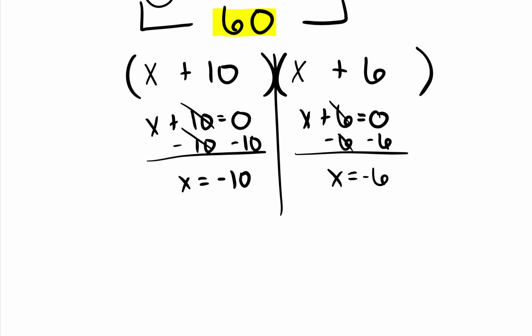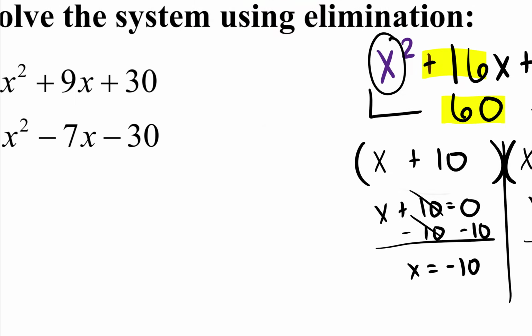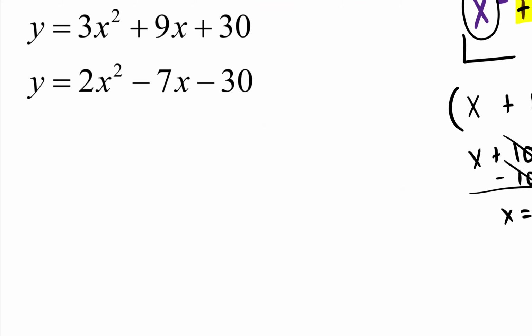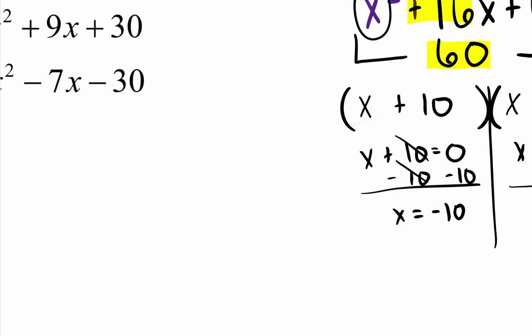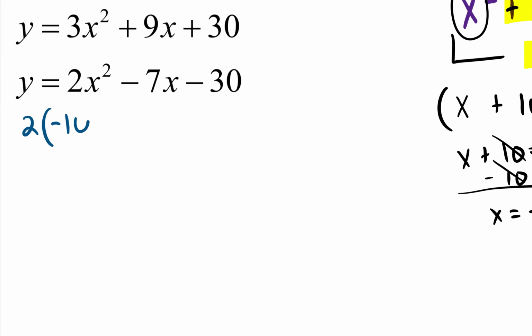So set each equal to 0, solve for x. I have two x's. I need to plug both of these in and find y. Now this one, it doesn't really matter which one you plug into, so it's up to you. I'm going to use the one with the smaller numbers overall, which in this case would be the 2, 7, and 30 instead of the 3, 9, 30, so I'm just going to do that. So I have 2 x squared, negative 10 minus 7 times negative 10 minus 30.